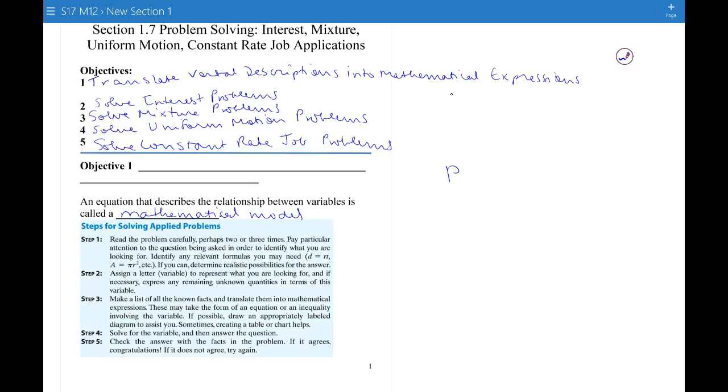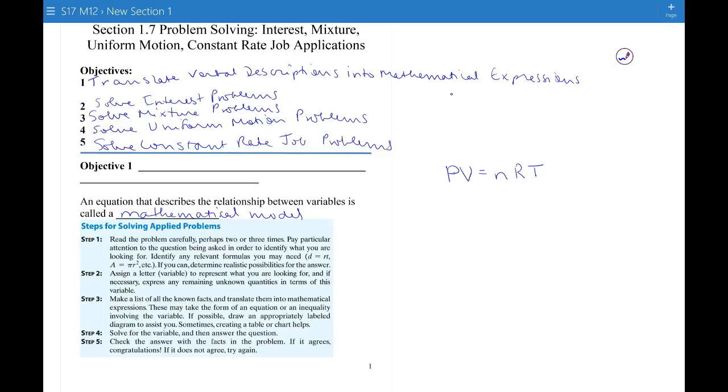One really popular one you see in chemistry is called the ideal gas law. It says the pressure times the volume equals N, the number of moles, times R, the ideal gas constant, times T, the temperature. So this is a model that says if you know 4 of the things, you can figure out what the 5th one has to be.